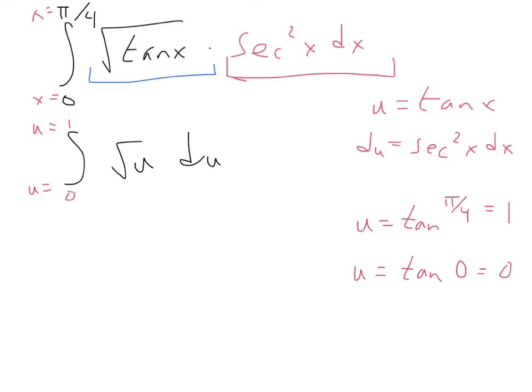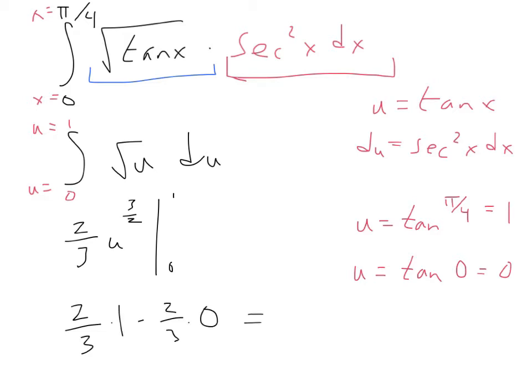Great, so my new bounds go from 0 to 1. So now I do this integral. This integral will be 2/3 u to the 3/2, evaluated from 0 to 1. That gives me 2/3 times 1 minus 2/3 times 0. And so the numerical answer for this problem is 2/3.